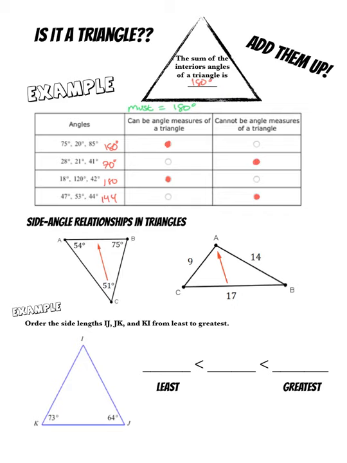Angle relationships in triangles. Now, what we say is opposite. Angle C is opposite side AB. Angle B is opposite side AC. And angle A is opposite side BC.